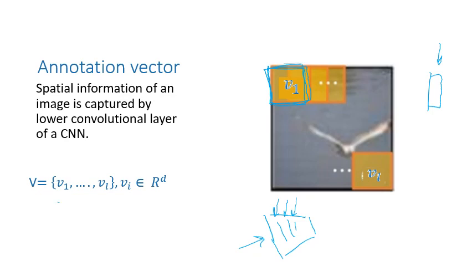Let's call it V1. There is another feature which represents this area. So information of different parts of the image appears in different vectors. Let's call these vectors annotation vectors. Annotation vectors are d-dimensional vectors representing spatial information of different parts of the image.